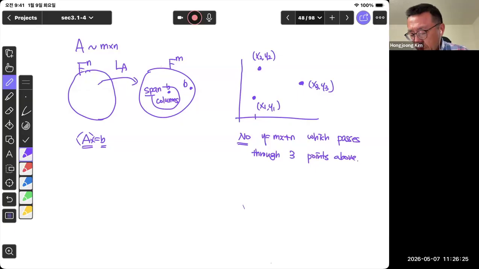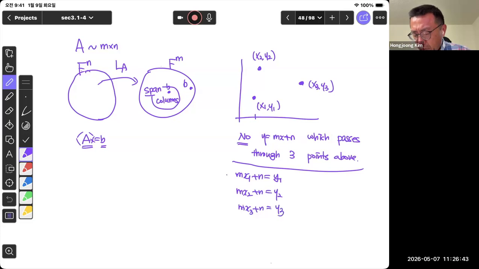Now, what does that mean? If I consider mx1 plus n equals y1, mx2 plus n equals y2, mx3 plus n equals y3, then since there is no such line, this system of equations is inconsistent. That is the meaning of this.